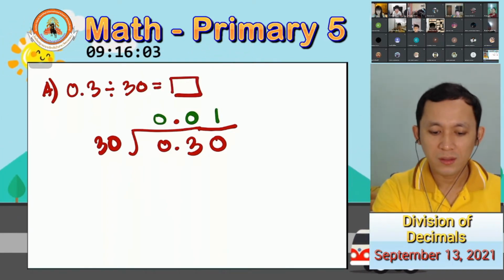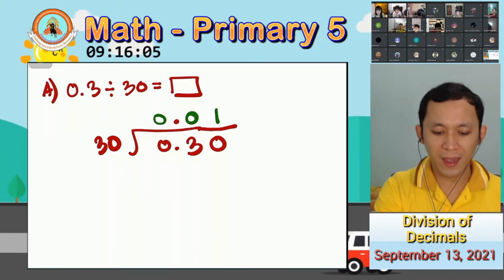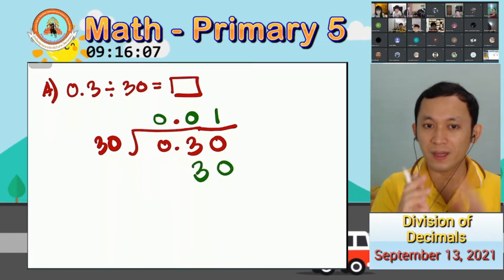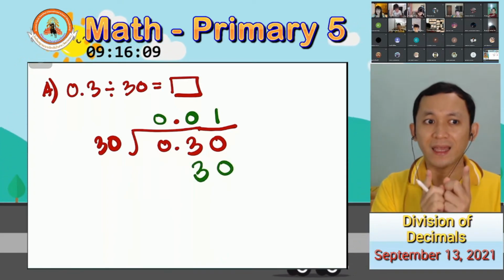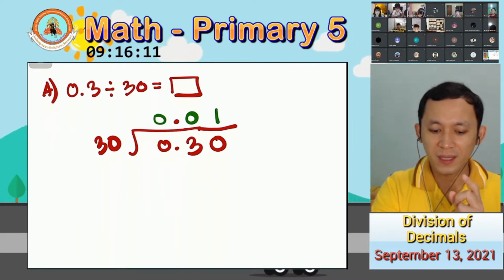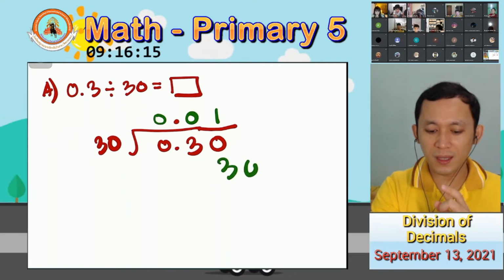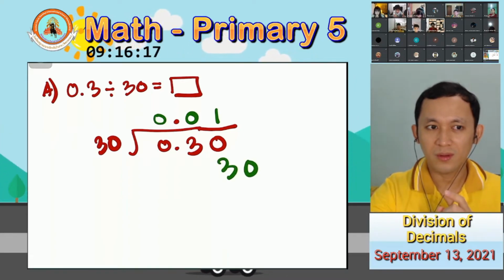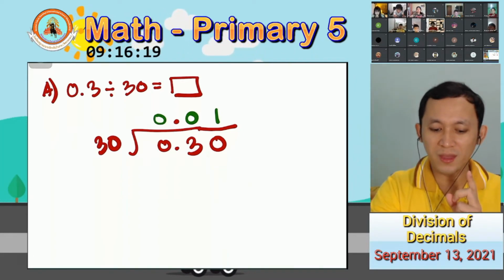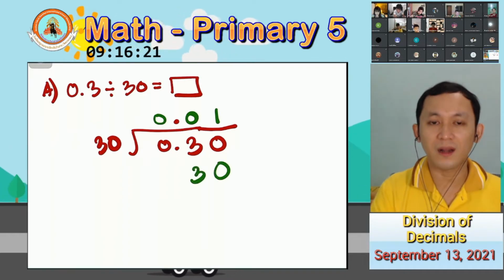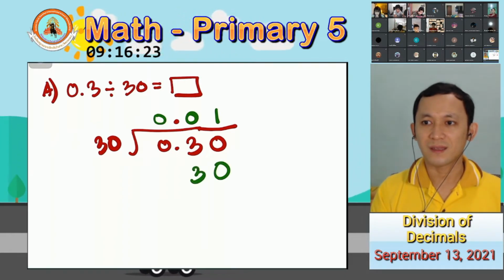So 1 times 30, we have 30. Make sure your numbers are aligned. Okay.